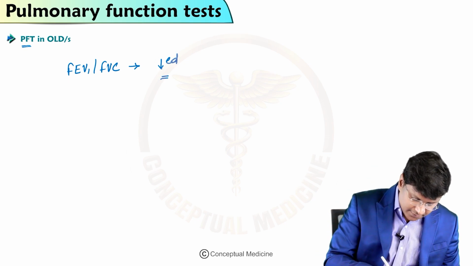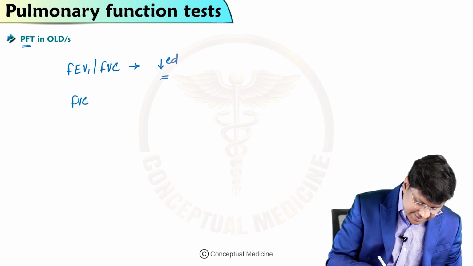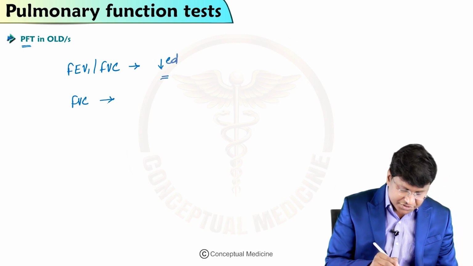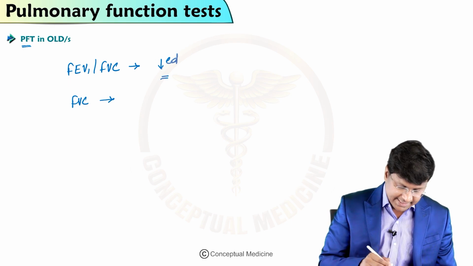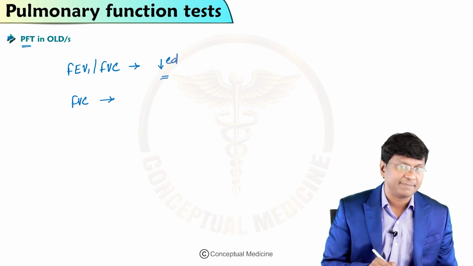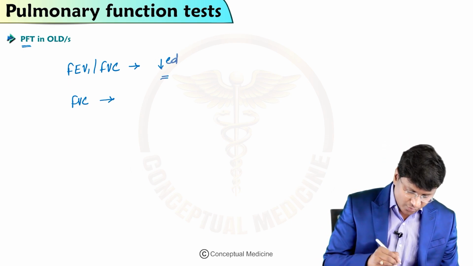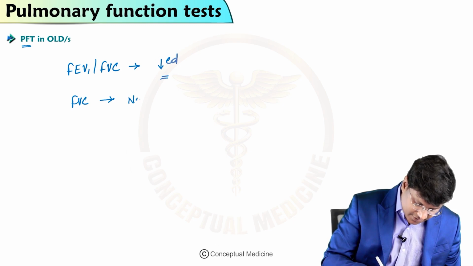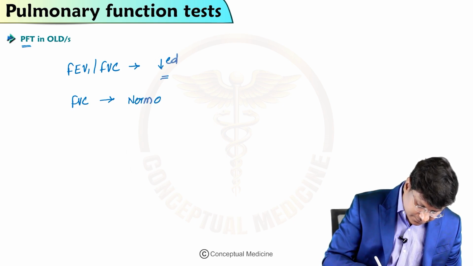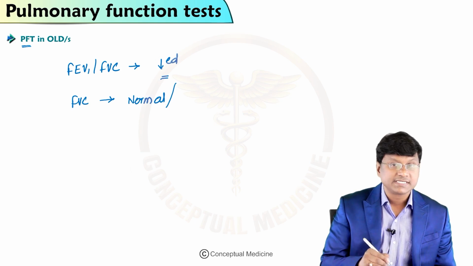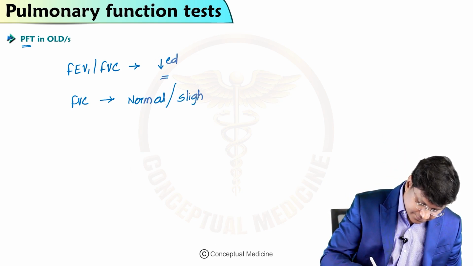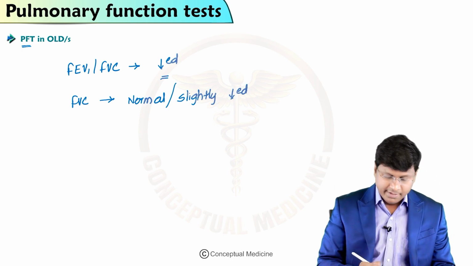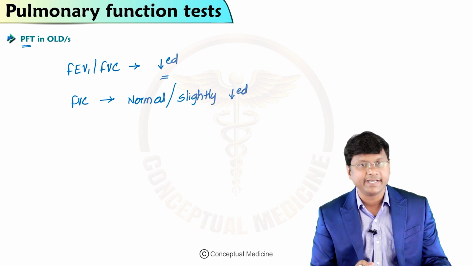First of all, what is the first step in the systematic interpretation of your pulmonary function test? Determine the FVC. FVC, that is forced vital capacity, in OLD it is either normal or slightly decreased.